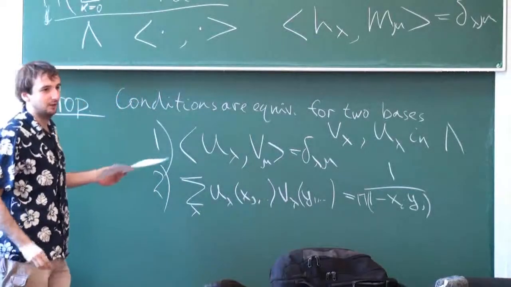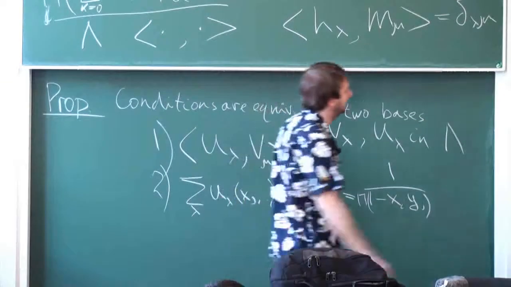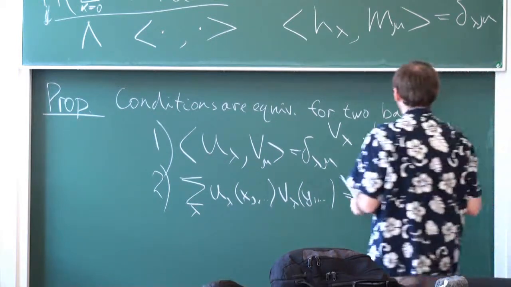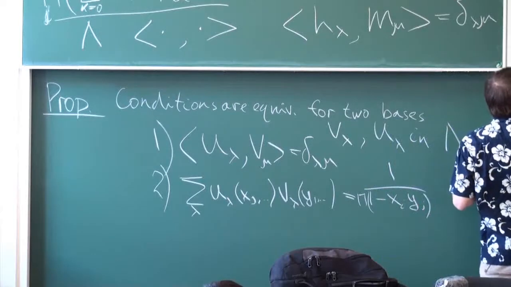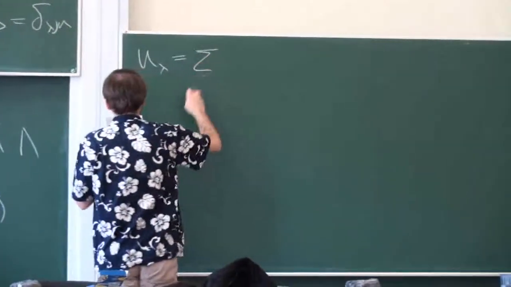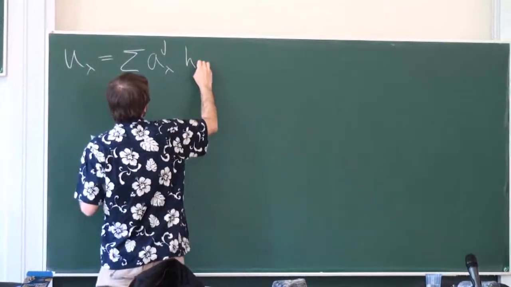Okay, so why is this equivalent? Proof. Well, the proof is not very hard. Just write U_lambda as the sum of A_lambda nu times h_nu.